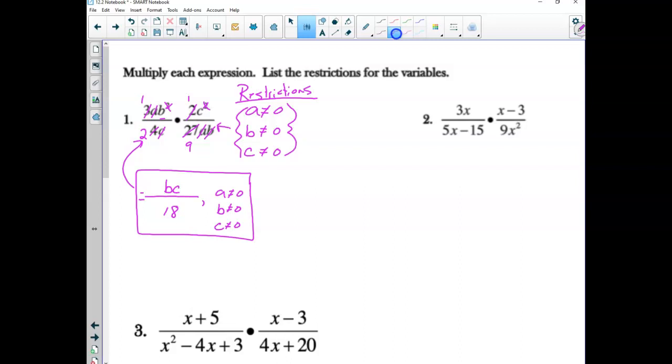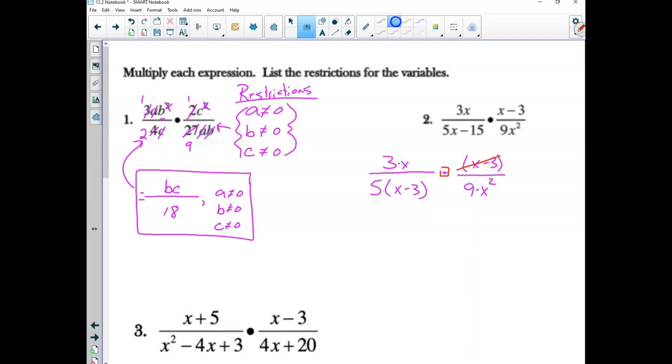So what we want to do in number 2 is factor everything. We're going to say 3x over, there's a common factor of 5, 5(x - 3), times (x - 3) in the top over 9 times x squared. I don't need to separate those with the dot, but sometimes it helps. Then I'm going to simplify before I multiply because it's easier.